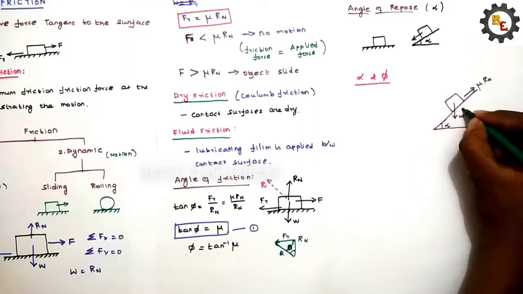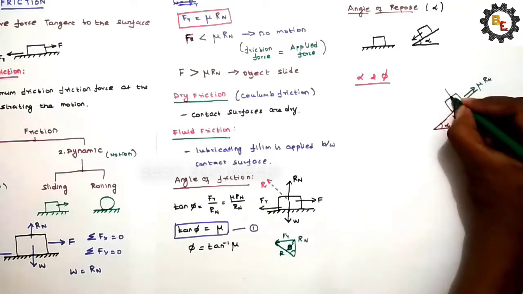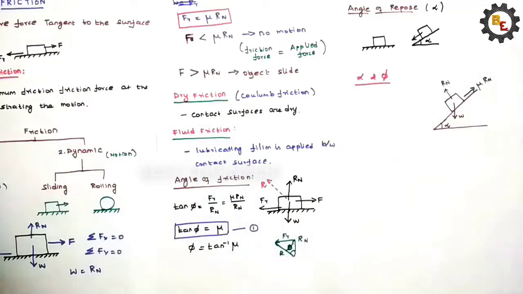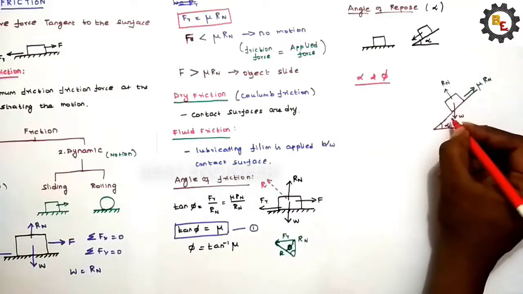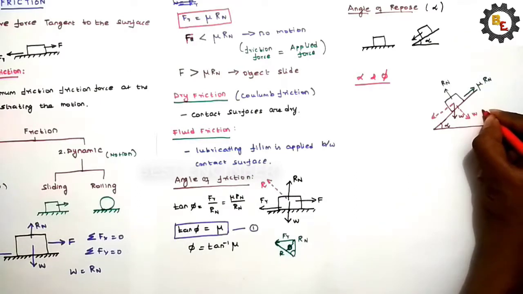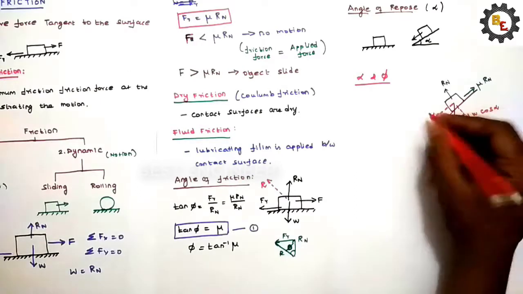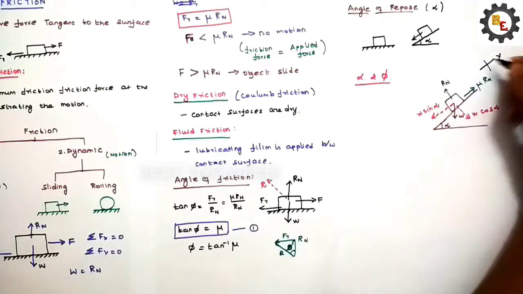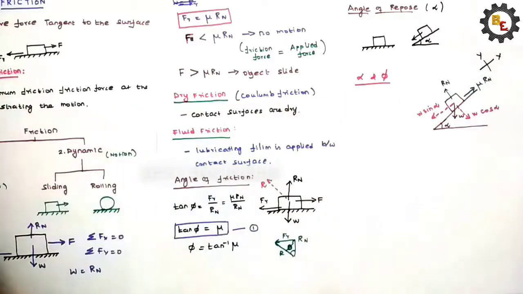The normal reaction will act perpendicular to the surface, that is Rn. We can resolve this force into two components: W cos alpha, W sin alpha, x axis, y axis.